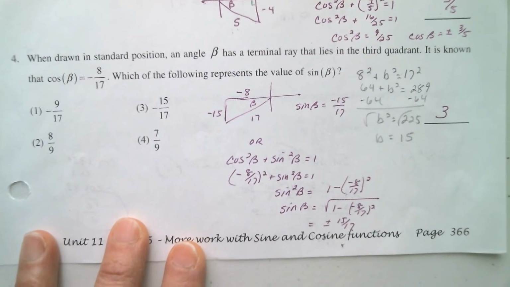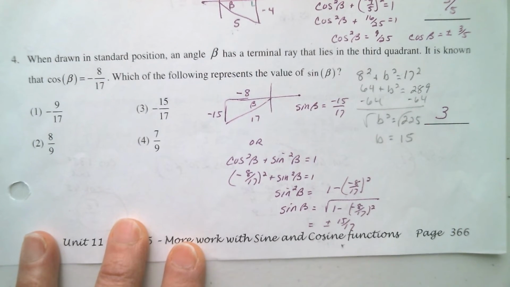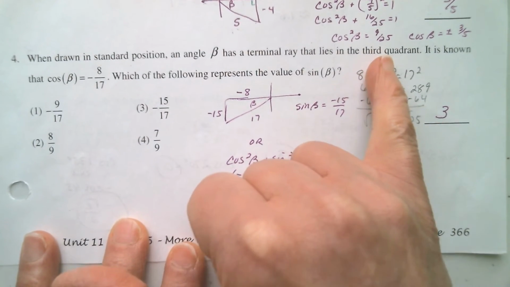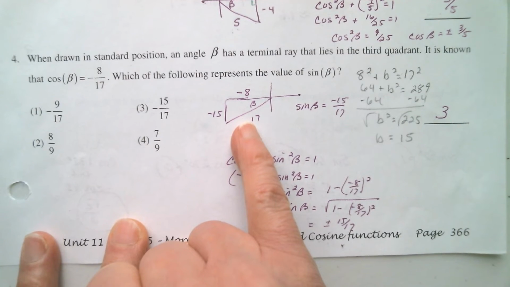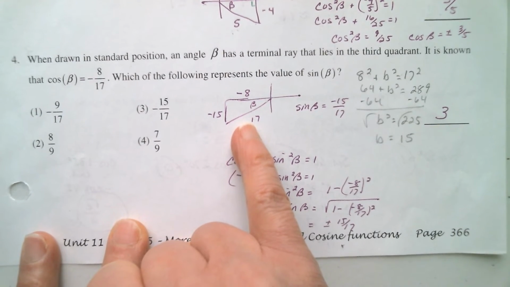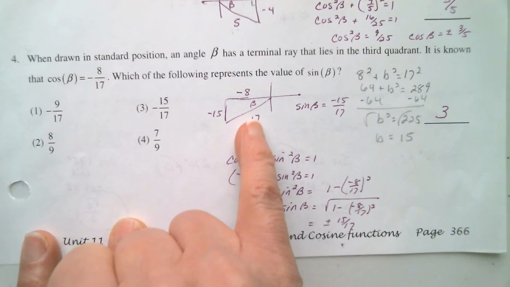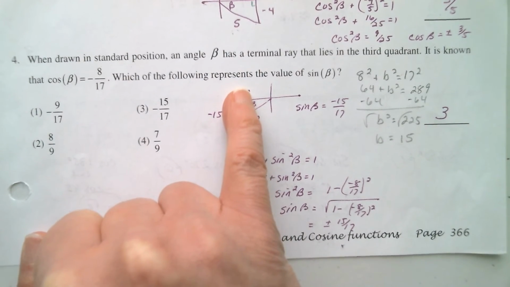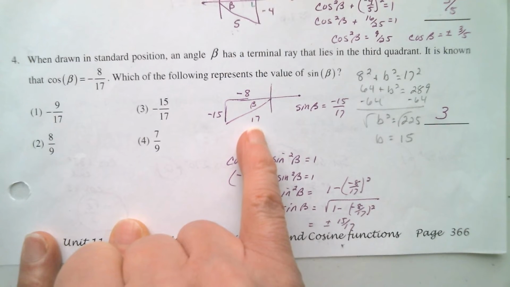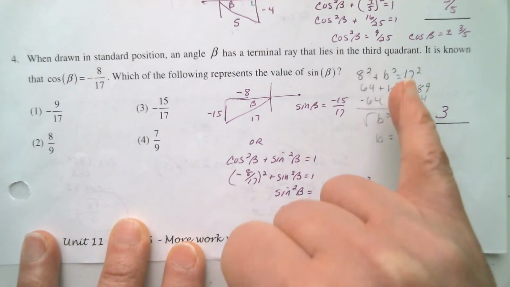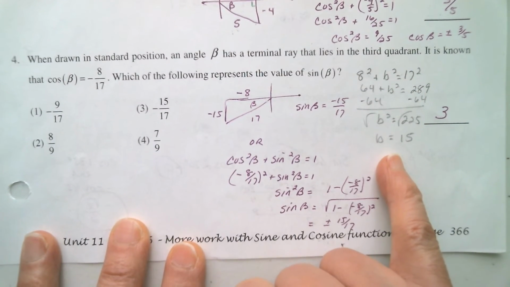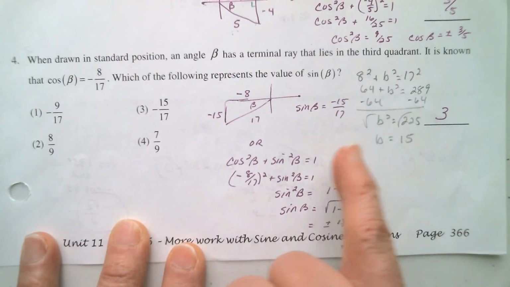And then number 4 is similar to number 3. We are in quadrant 3, so you can draw your right triangle in quadrant 3. Cosine is adjacent over hypotenuse, so adjacent to angle beta would be 8. Hypotenuse is 17. Use the Pythagorean theorem to get the other leg of your right triangle, which would be 15.